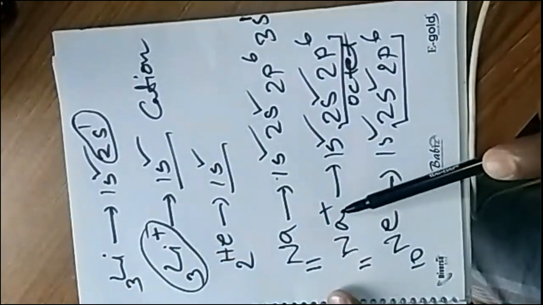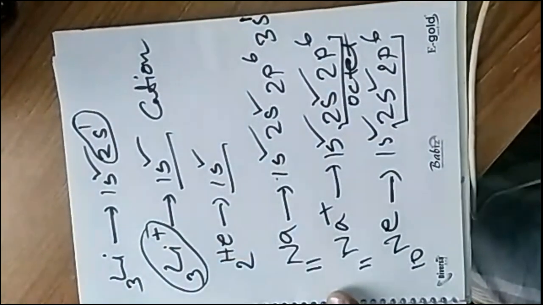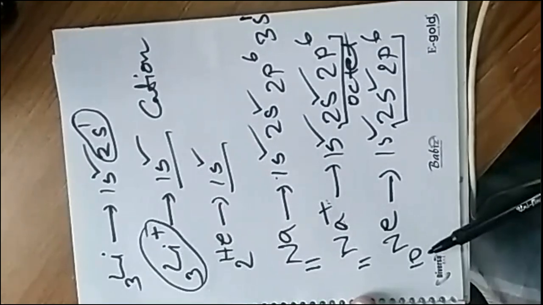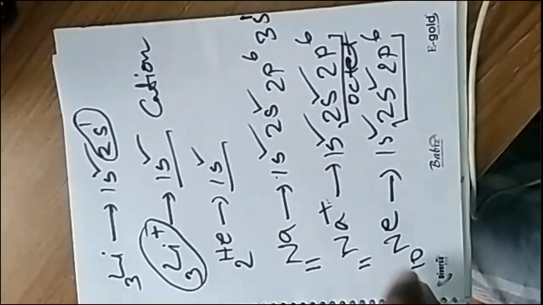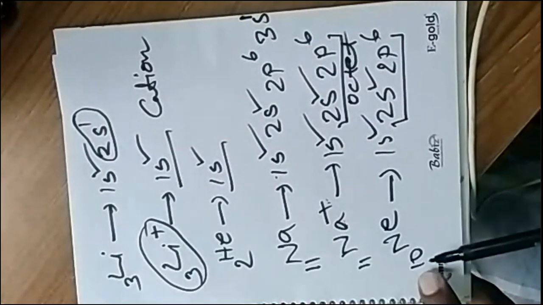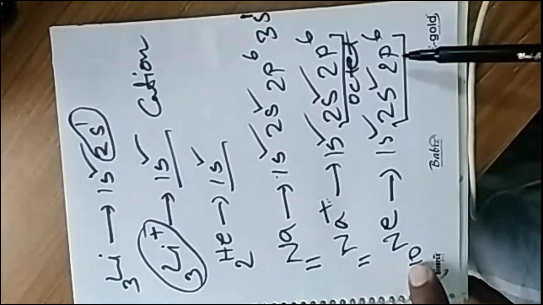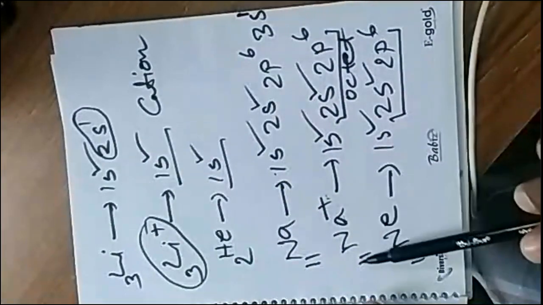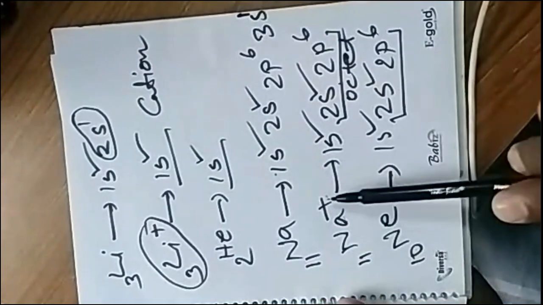for sodium ion and neon also, because this is a cation. The proton number is 11, but this is a neutral atom, neon, where the proton number is 10. In case of neon, proton number and electron number are the same, that's why there is no charge. But in case of sodium, proton number is 11 and electron number is 10, that's why plus 11 and minus 10 combined give plus 1.